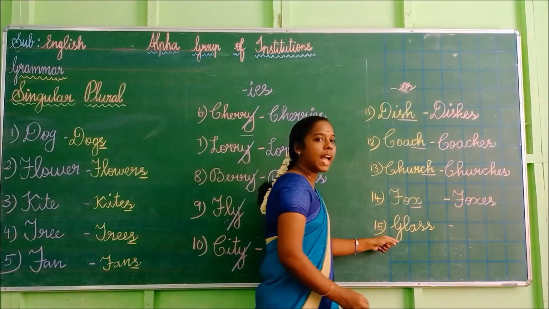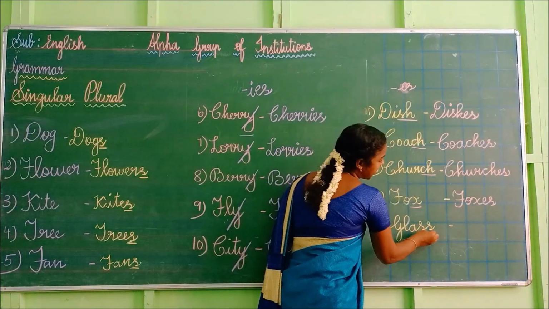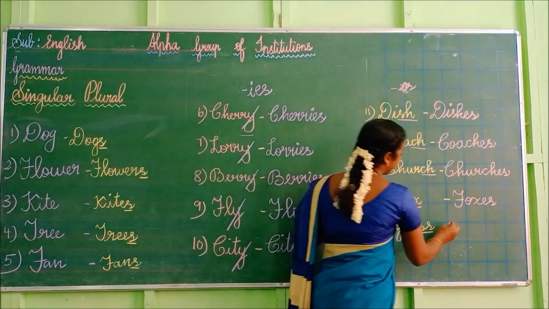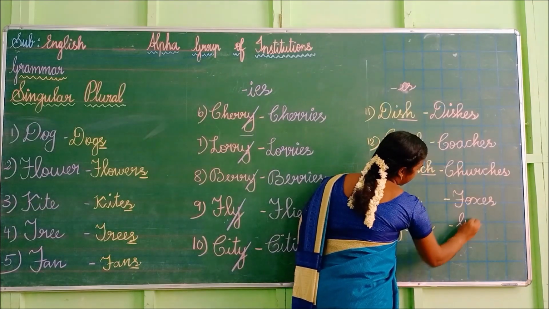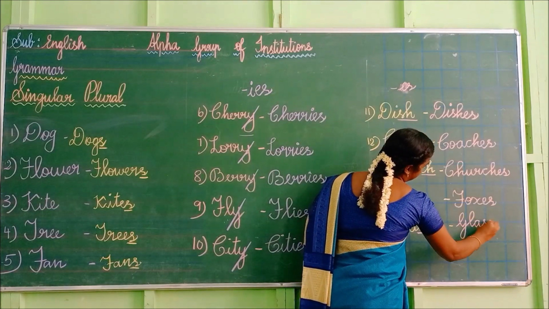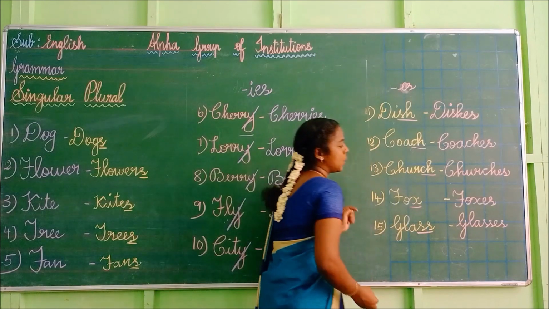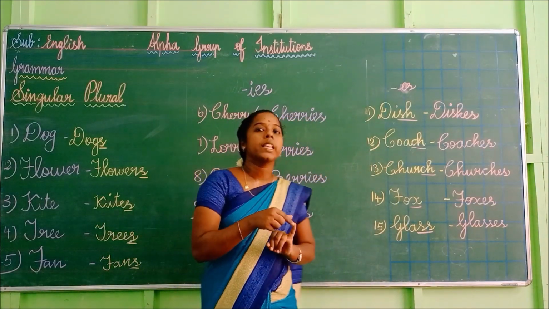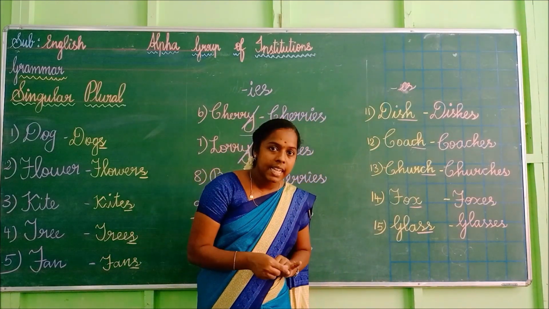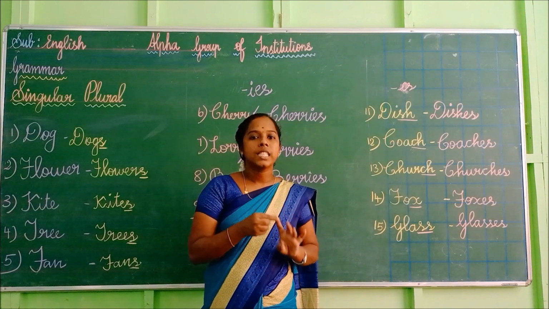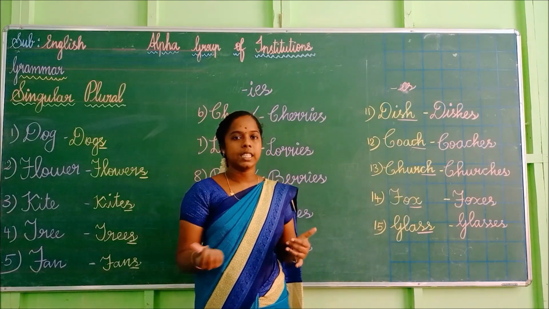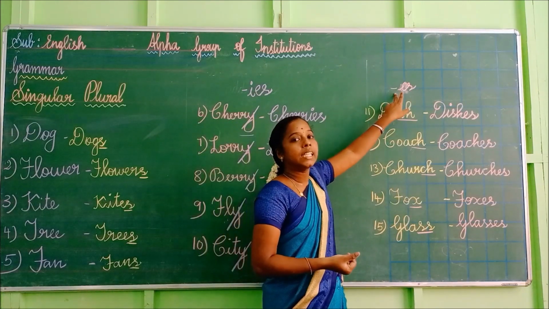Foxes. Glass. Glass ends with the letters SS. So we have to add ES. Glasses. So, if the singular noun ends with S, SS, SH, CH, X or Z, you have to add ES.